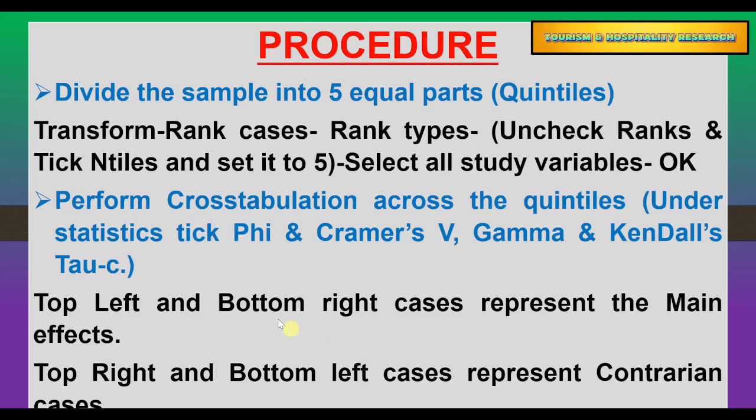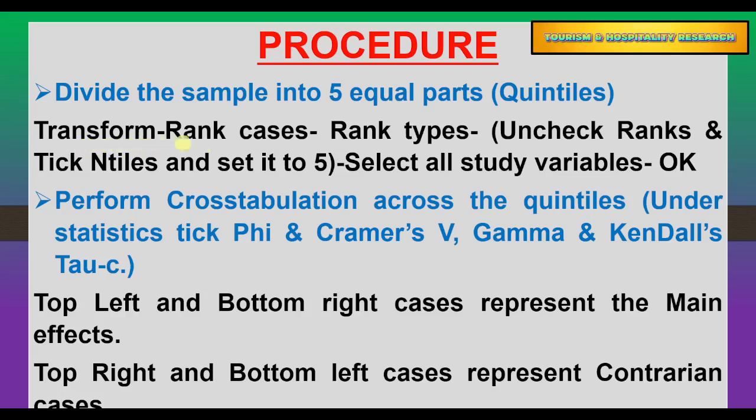The procedure is dividing the sample into 5 equal parts, which are known as quintiles. How to divide them? I have mentioned the procedure so that you can easily follow it and do it in SPSS software.